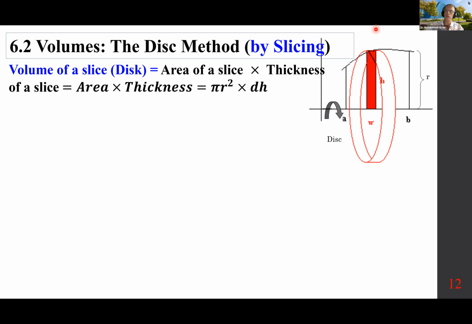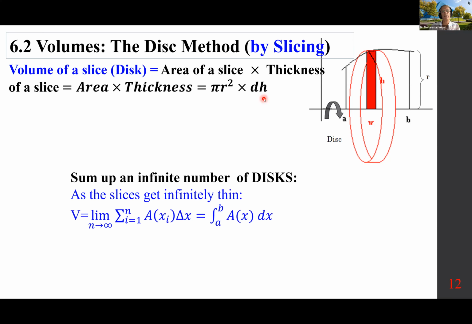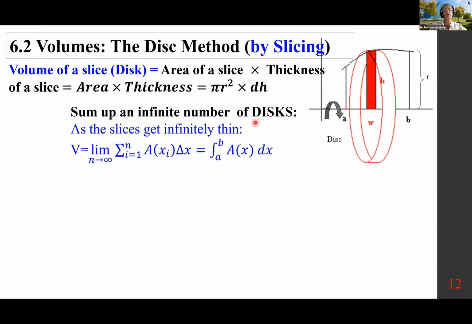If we move along the y-axis, dh becomes dy. So you can pay attention to the concept that way. Sum up an infinite number of disks. As the slices get infinitely thin, the volume becomes the limit as n goes to infinity of the summation of A of x_i delta x, the integral from a to b of A of x dx.